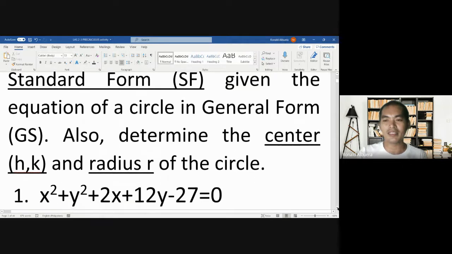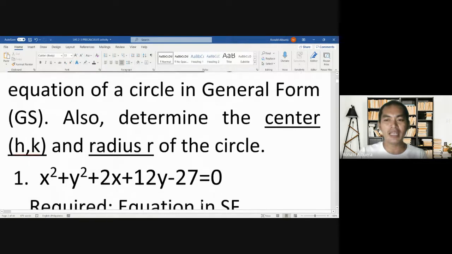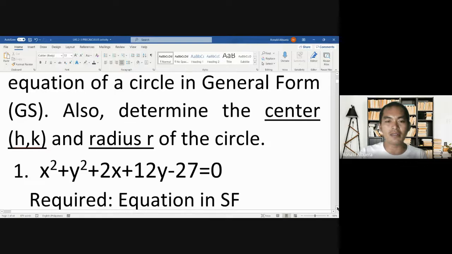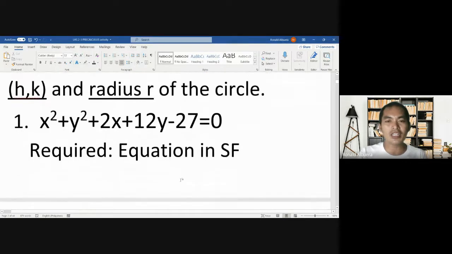Okay. Example number 1. Given the general equation of the circle, x squared plus y squared plus 2x plus 12y minus 27 equals 0. Now, the requirement is the equation of the circle in standard form.